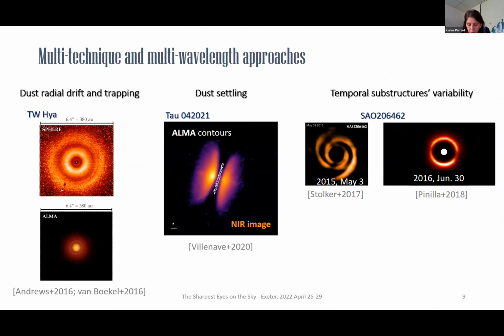What is interesting is to compare the near-infrared and the millimetric images, so as to put some constraints on the dust properties. For instance, on the left, the comparison between the two images with ALMA and SPHERE for TW Hydra, both images at the same scale, we clearly see a difference in spatial extent that can be interpreted as dust radial drift.